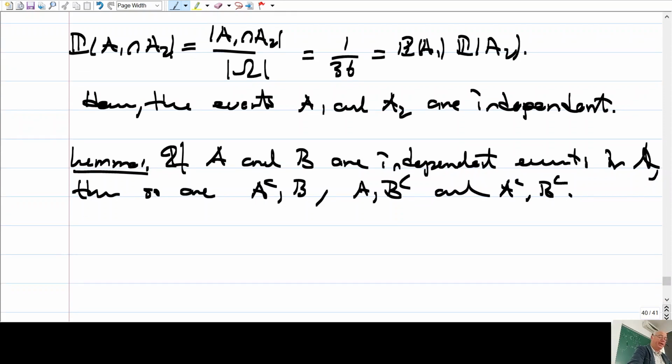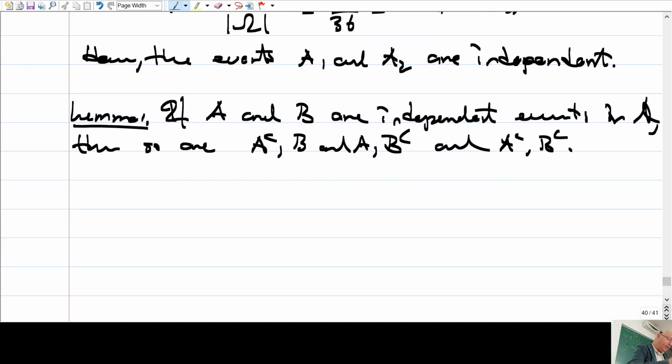So A complement and B are independent, A and B complement are independent, and A complement and B complement are independent. So these two events don't communicate. They have no link between them.